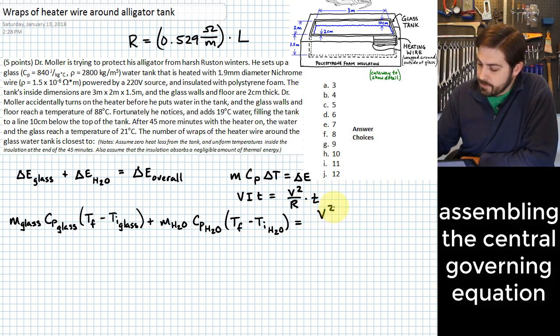We'll have the voltage squared over R, and I'll put in one variable here because we haven't defined a variable that describes this: R is really just 0.529 ohms per meter times L. And then this we multiply by time.